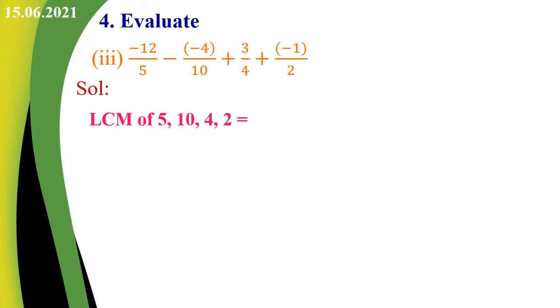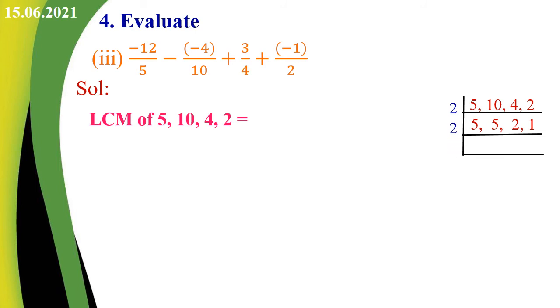LCM of 5, 10, 4, 2. On dividing by 2, we get 5, 2, 1. That means 5 2s are 10, 2 2s are 4, 1 2 is 2.